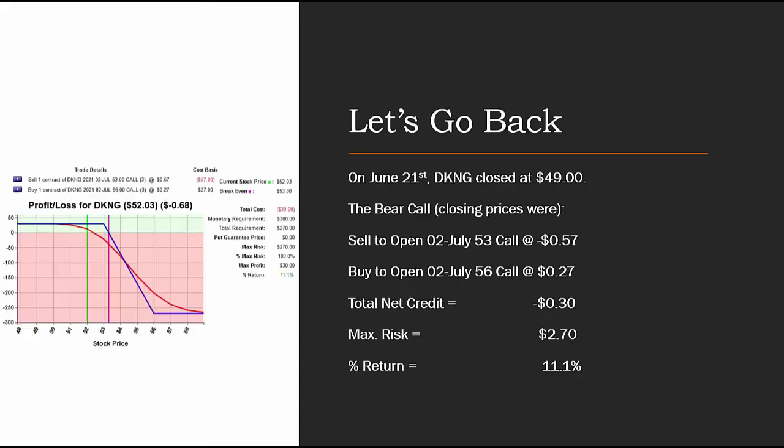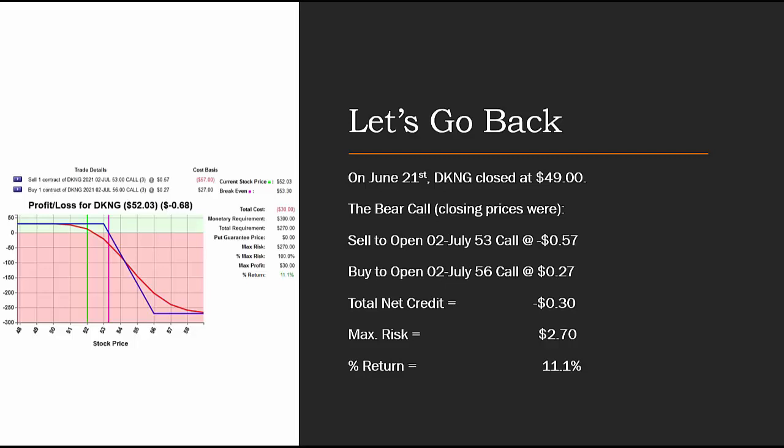Now let's go back. On June 21st, DraftKings closed at $49 per share. For the July 2nd expiration, coming up this Friday, the 53-56 strike spread that could have been entered with 11 days to expiration, we could have sold to open the 2nd of July 53 call at 57 cents and bought to open the 2nd of July 56 call for 27 cents.